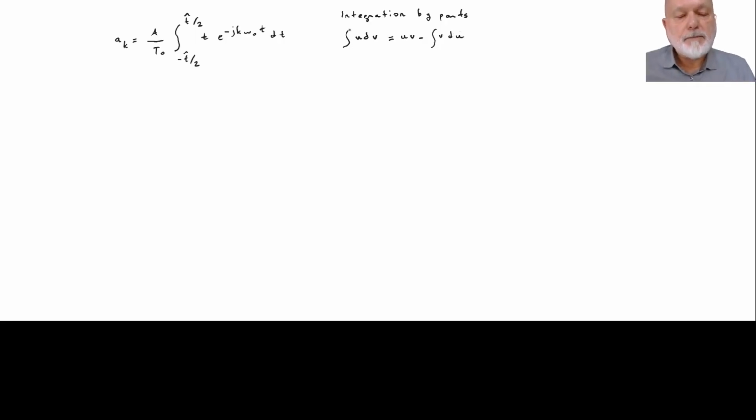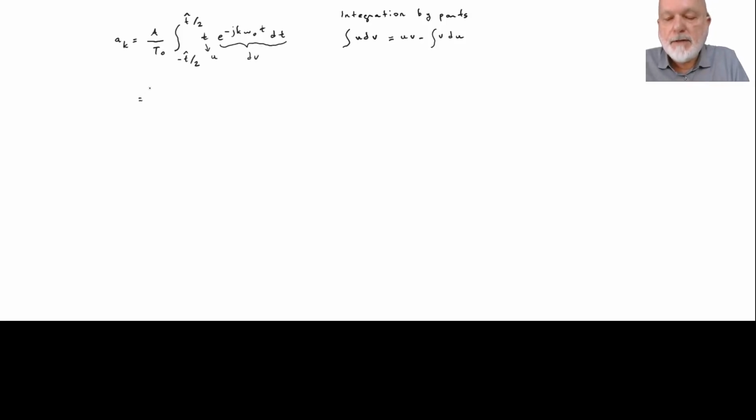Okay, for definite integrals, of course, this uv term must be evaluated at the integration limits. So if we want to use integration by parts, our function u is this t, and this term here is dv.